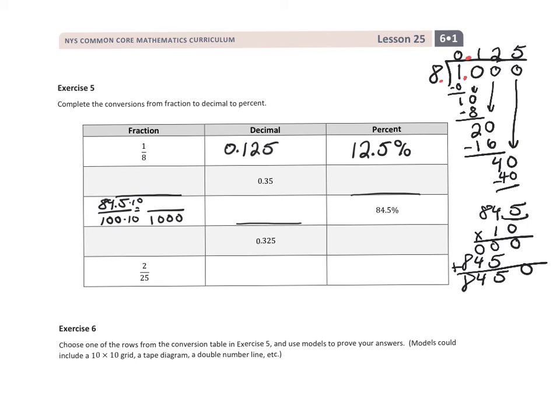And then we have to bring it over 1. We would have 845 over 1,000. And that would be the fraction for that.